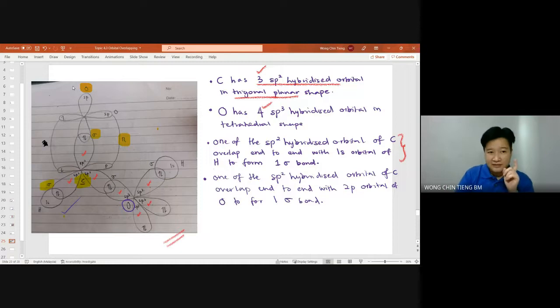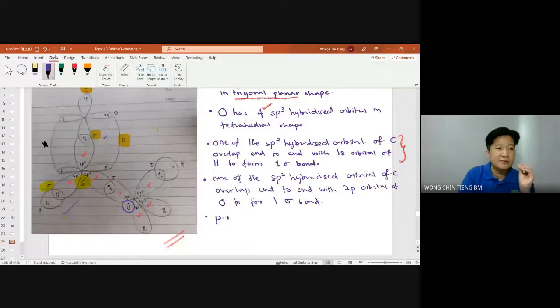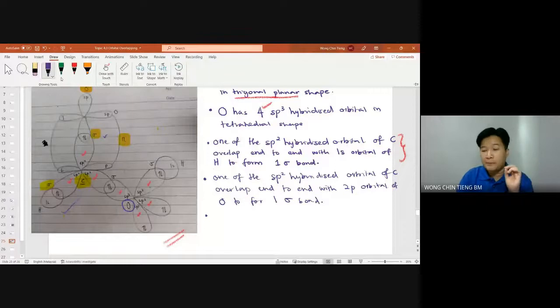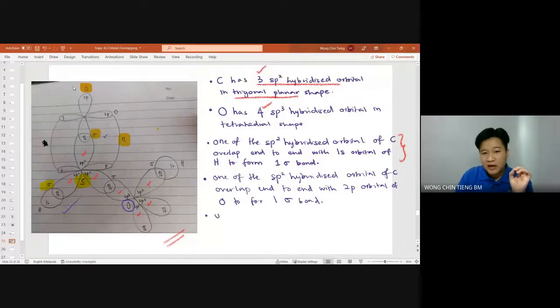And then, that is the sigma. Kita nak bergerak kepada pi. Pi pun sama. Tetapi pi kat sini, kita tak guna sp2 hybridized orbital. Kita guna p orbital. Kita guna unhybridized p orbital. Sebab pi bond adalah datang daripada unhybridized p orbital. Unhybridized p orbital of carbon overlap.